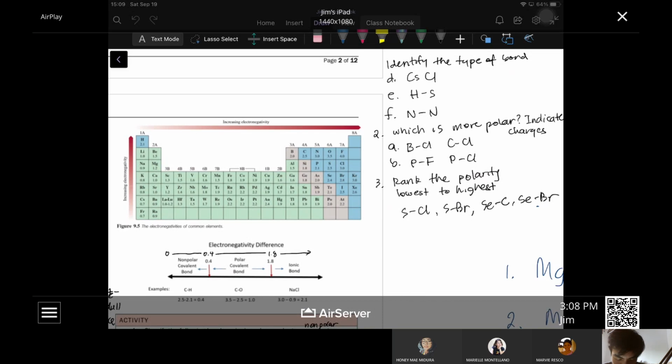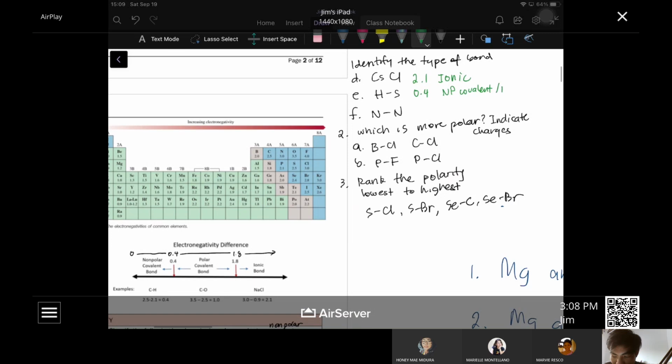So, CSCl, 0.7, 3. So, the difference is 2.1. So, yan ay ionic. Okay. HS, 2.5, 2.1, 0.4. So, it could be non-polar covalent.